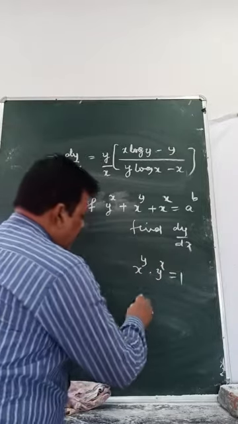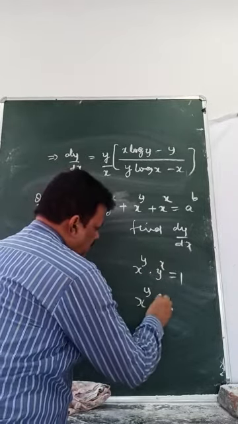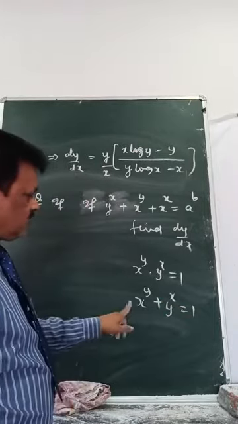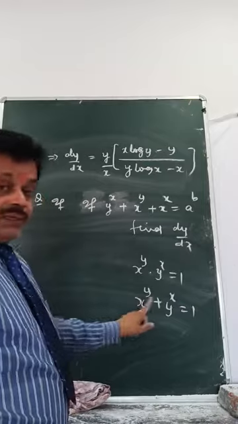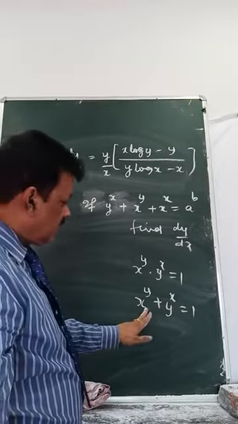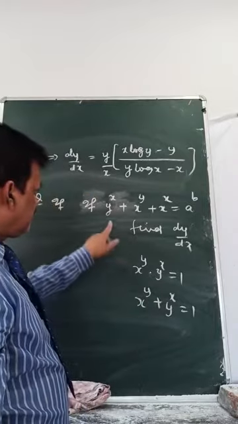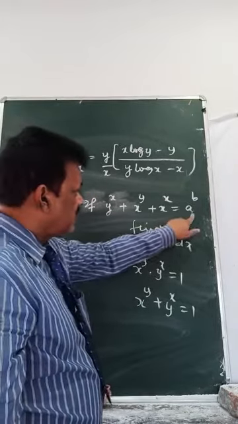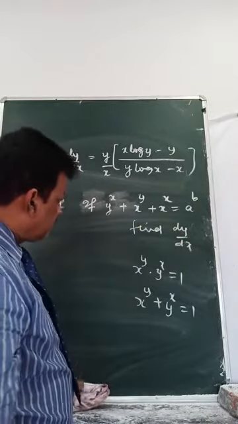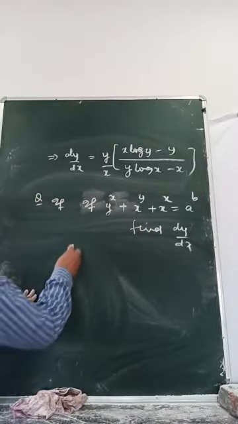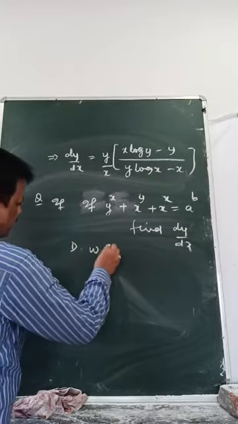But if you find x to the power y plus y to the power x, there is no formula for log a plus b. So directly you cannot take log here. So what do you have to do? First you write its derivative, differentiating with respect to x.